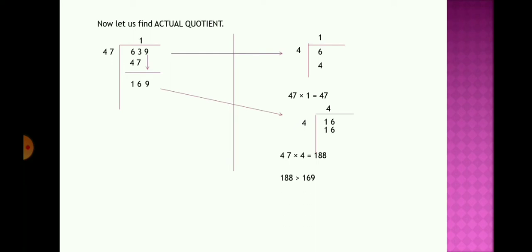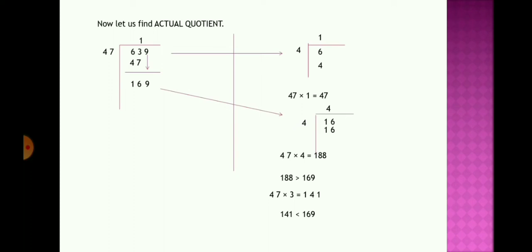So we have to check with the previous number. Which is the previous number of 4? Predecessor of 4? 3. So check with 47 three times. What we got? We got 141. 141 is less than 169.